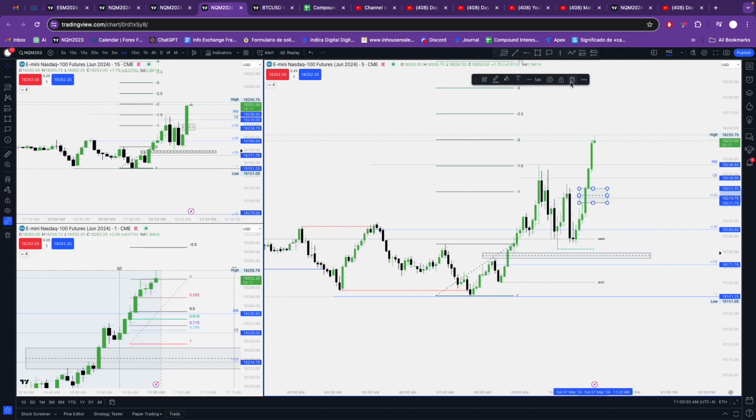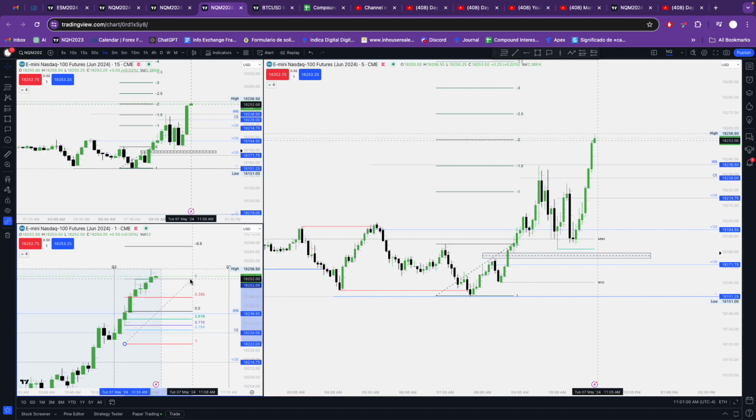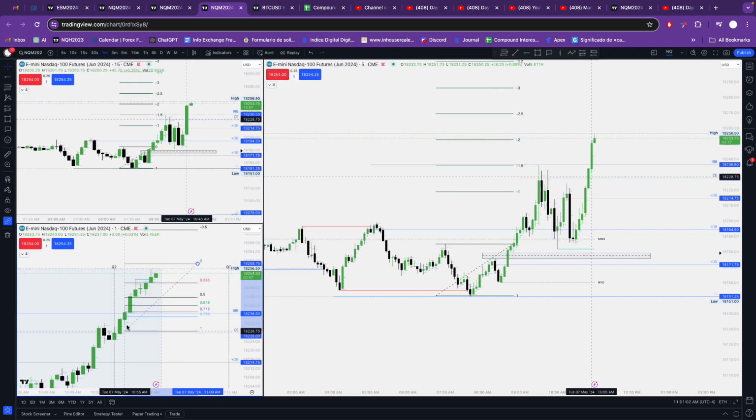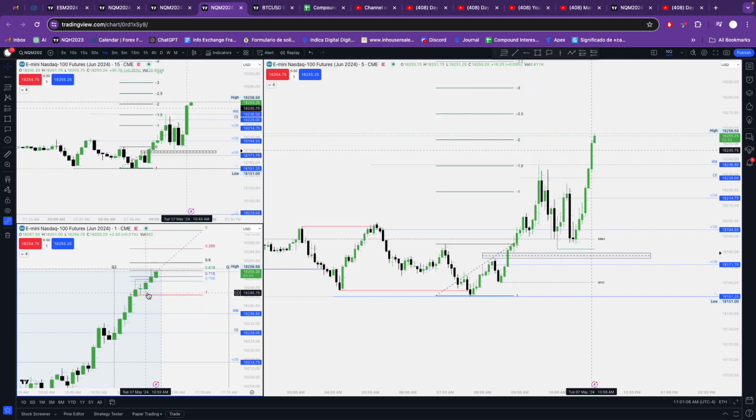Breakaway gap here. That looks good. So this might be our new range right here for me on the 1 minute. This swing low here.